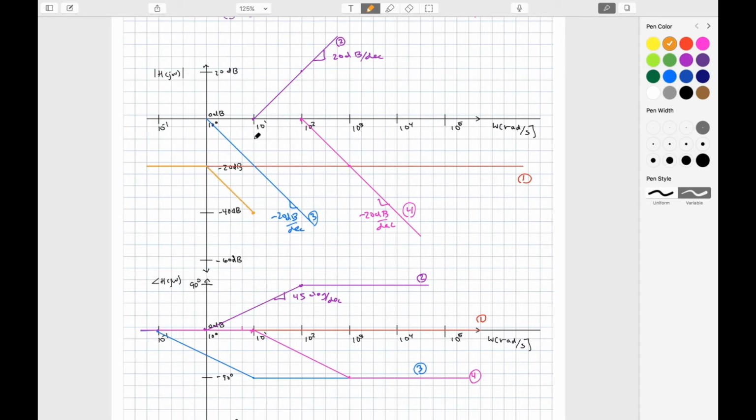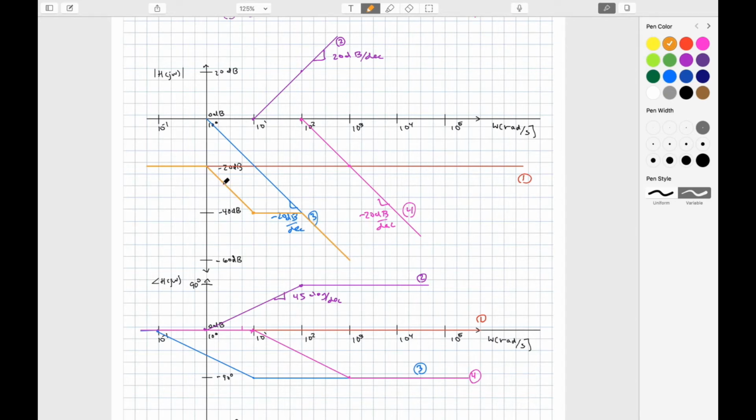Okay, so now at the point where I have 10 to the 1, between 10 to the 1 and 10 to the 2, now I'm adding a 0. And this 0 is plus 20 dB per decade, and this pole is negative 20 dB per decade, and those cancel each other out to give us a value of 0 dB per decade change in that interval. Then finally, at 10 to the 2, I add another pole. And at this point, I start going back down at another negative 20 dB per decade.